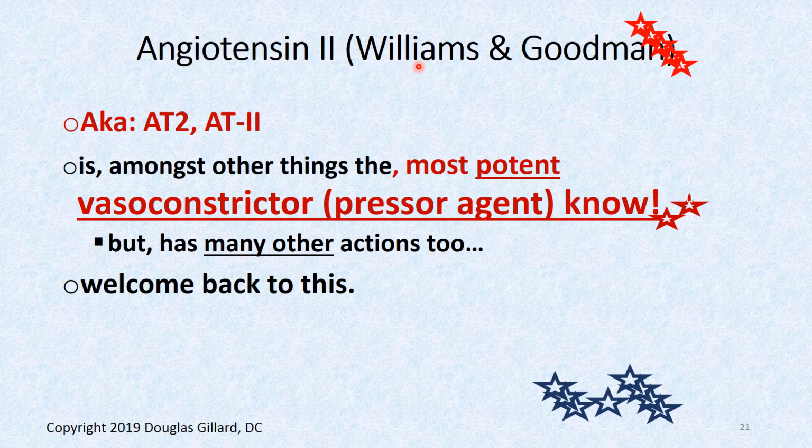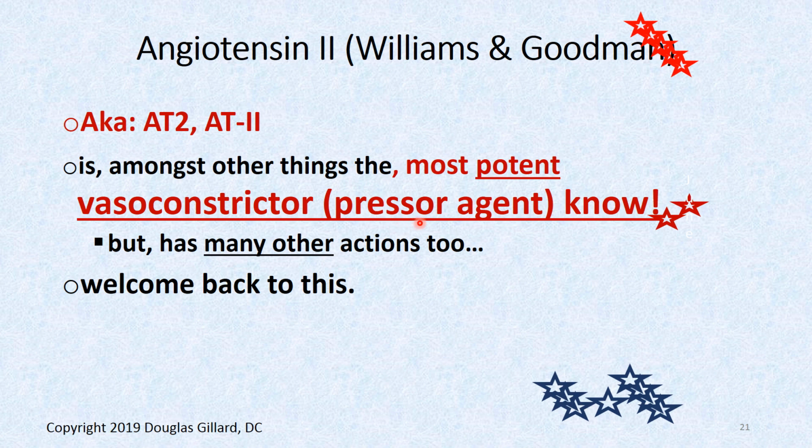All right, so let's talk about AT2, some of the AKAs there. Amongst other things, it is the most potent vasoconstrictor out there. Watch this word, pressor agent. I saw that in Guyton. What the heck is a pressor agent? A pressor agent is something that increases blood pressure.